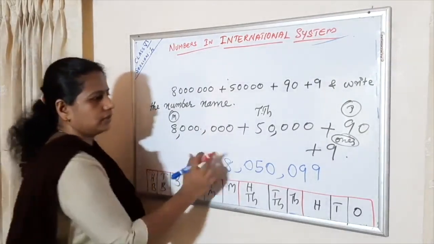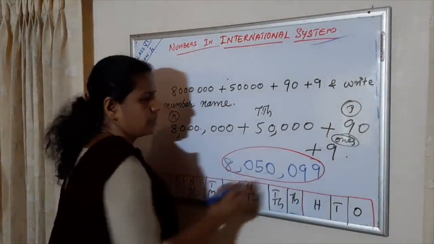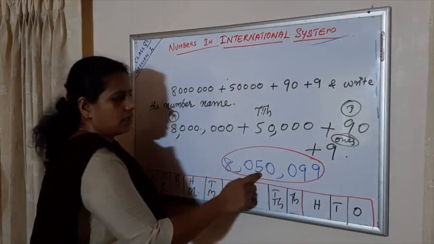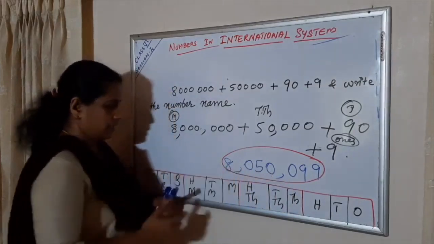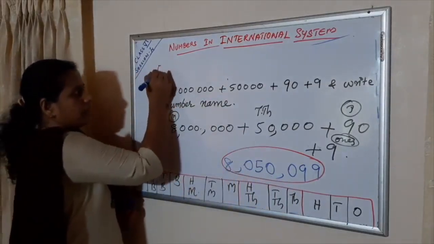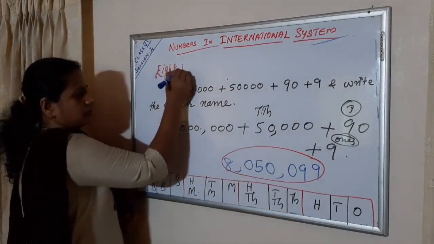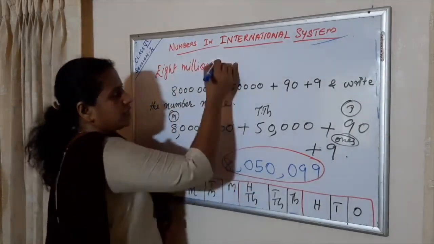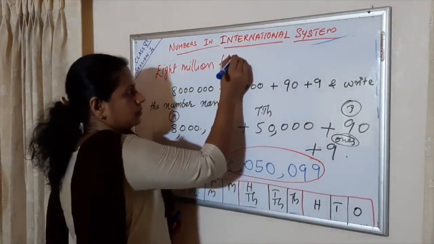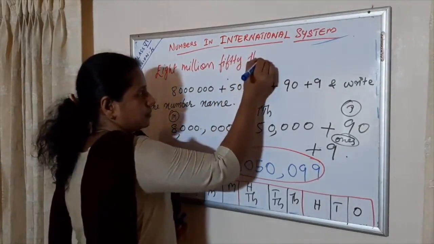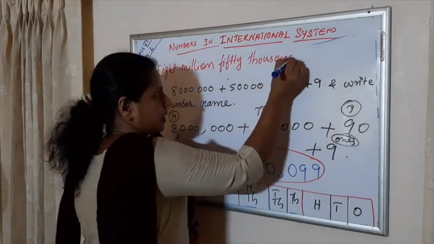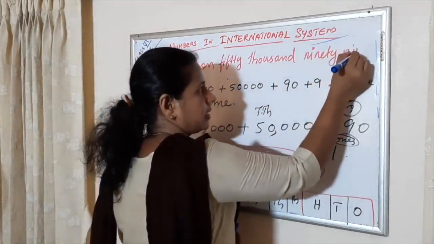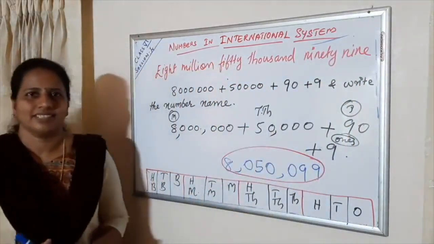Now we have to write the number name, that is 8 million 50,000 99. Clear?